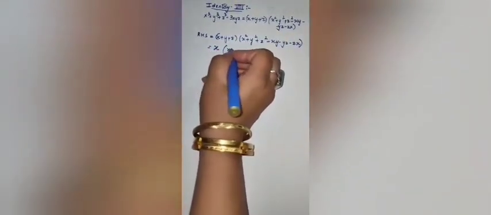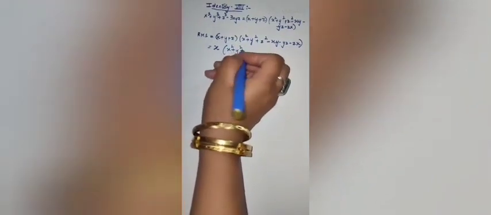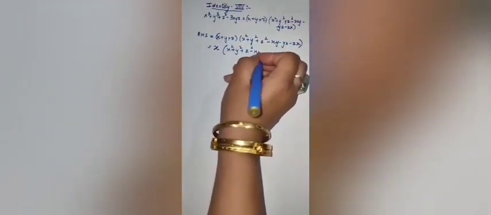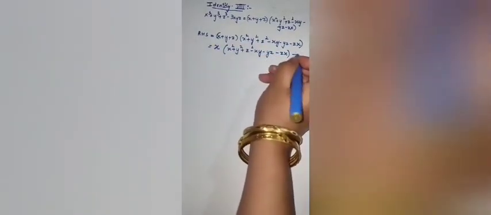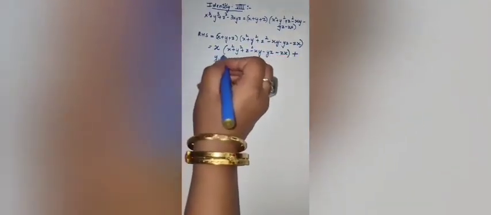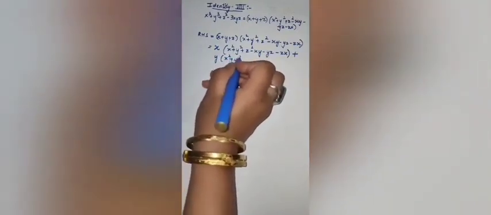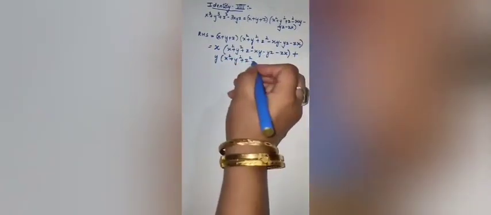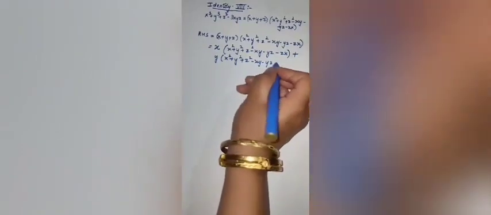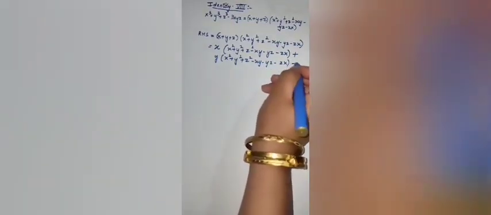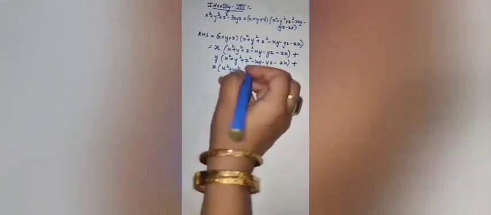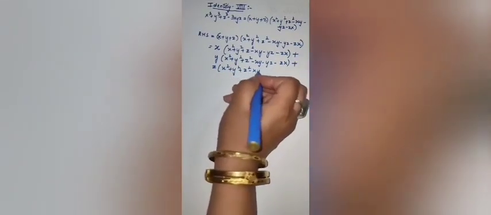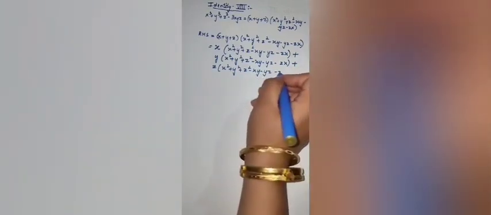Now I will multiply x with the whole second term, that is x square plus y square plus z square minus xy minus yz minus zx. After that I will multiply y with the whole term, and again I will multiply z with the whole term.